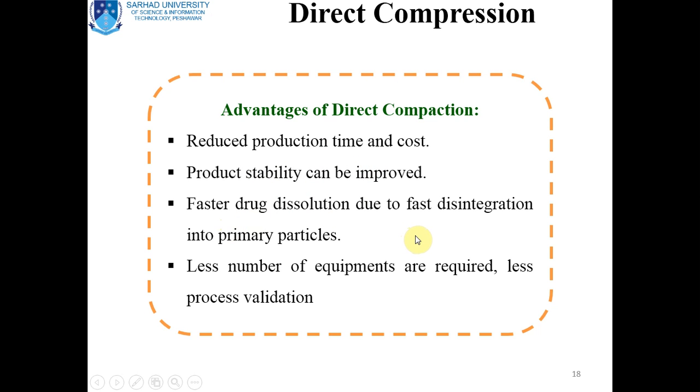Fast product dissolution due to fast disintegration into primary particles. Fewer equipments are required, less process validation, and from an economical and cost point of view, direct compression requires less cost and reduces the production time as well.